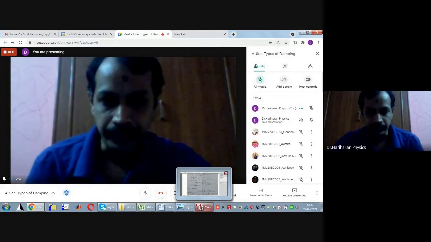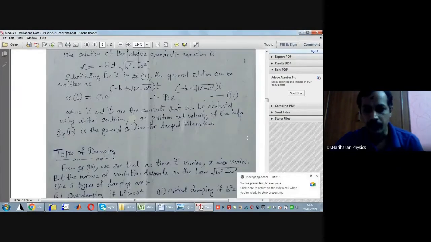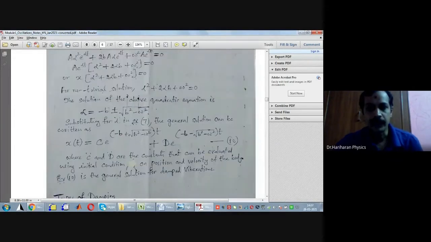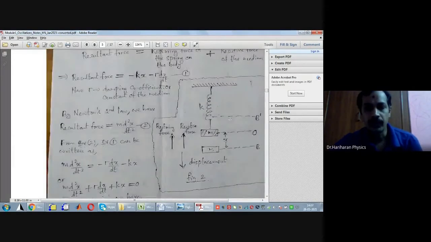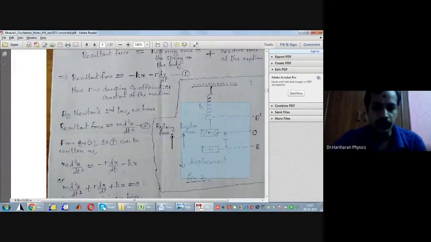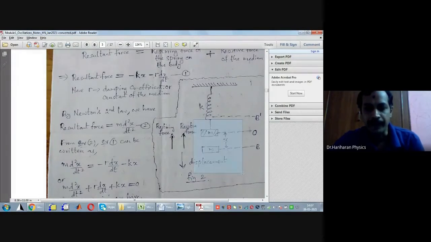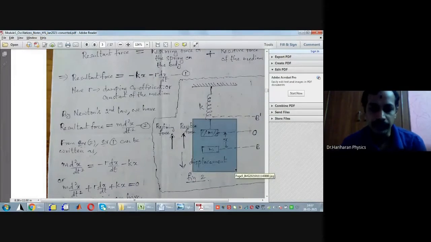So look here, what did we do? We considered an object to be vibrating. There was a bucket here. I already drew all the relevant stuff in the last class. So this whole object was vibrating in a container having water, and then there were two kinds of force acting on it.